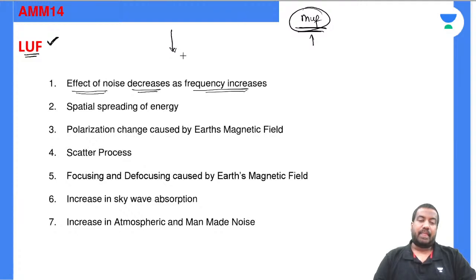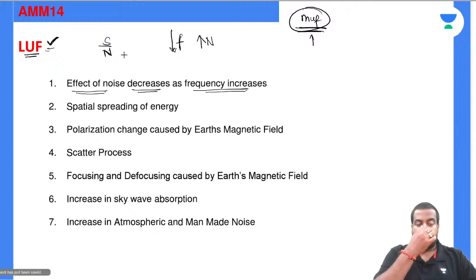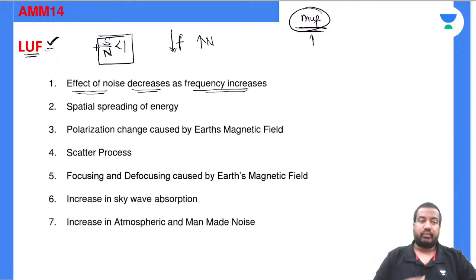What happens here is, as you're trying to decrease the frequency, the effect of noise will increase. At one point, the noise will be very heavy, so that the signal to noise ratio will become less than 1. Whenever signal to noise ratio is less than 1, that means noise is greater than signal power, and communication is not possible.